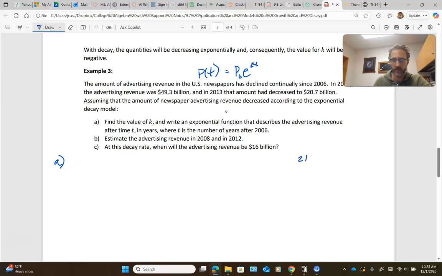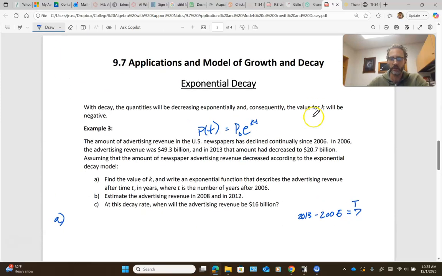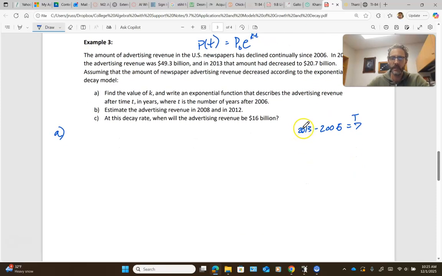So for part A, before we can write that function, we first need to figure out what k is. Well, the difference between those 2 years, 2013 and 2006, that's a difference of 7. So t is 7. And we can come up here and use this formula. Now, technically, the way you would do this is you would use this template right here with the future value as your function value, and the value in 2006 is your initial value, and you would plug 7 in for t, and you would solve this equation for k.